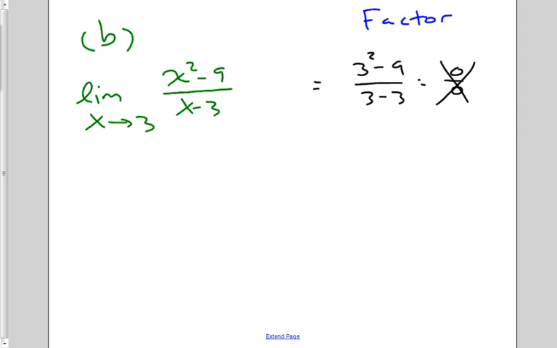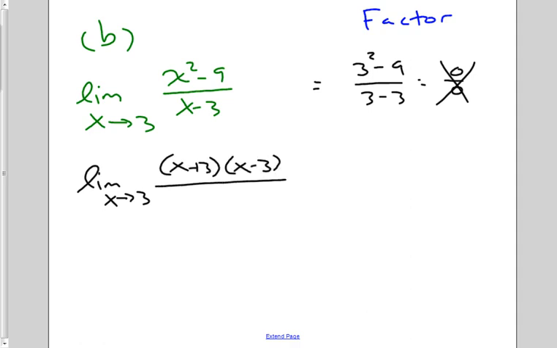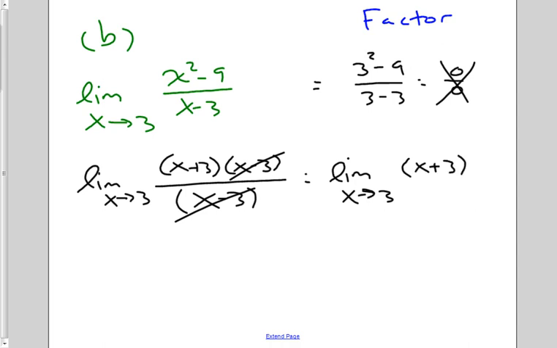However, you are clever math students, and we know that we could rewrite this as the limit as x approaches 3 of x plus 3 times x minus 3, all over x minus 3. Factoring it, what cancels off? The x minus 3's. And so this equals the limit as x approaches 3 of x plus 3. Now we can use direct substitution because there won't be a division by 0. So this equals 3 plus 3, substituting 3 for x, which is 6.